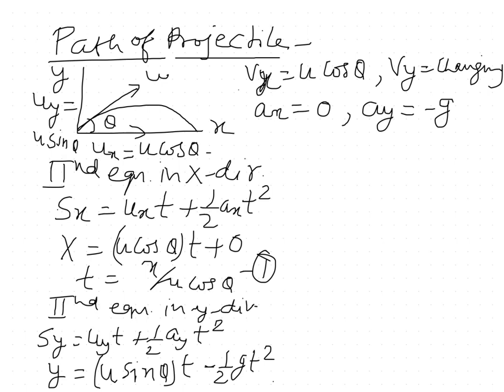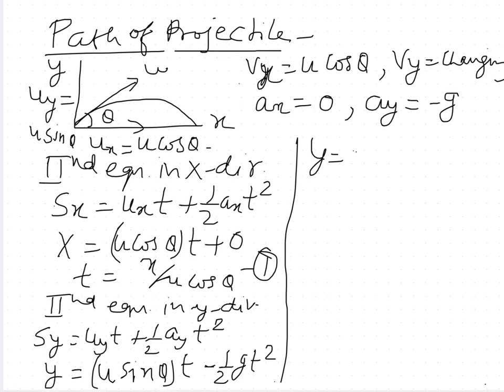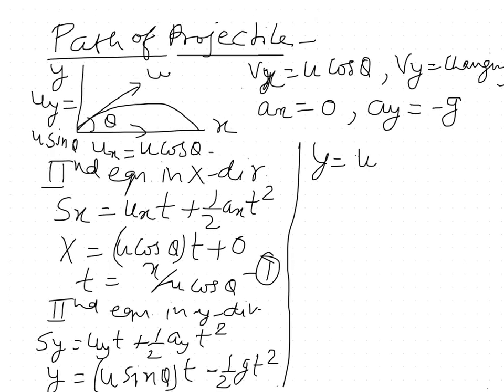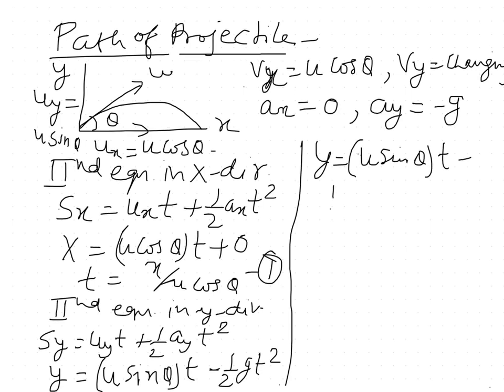Now putting the value of t from equation 1, we can write that y equal to u sin theta into t minus half g t square.